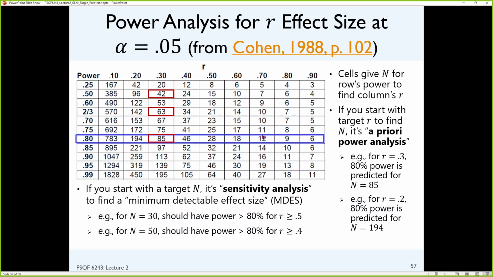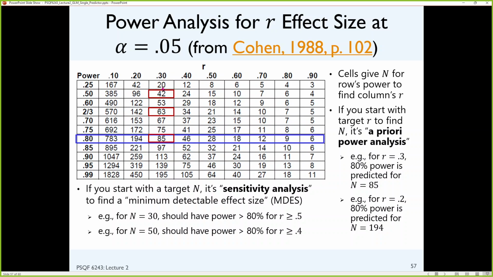So if we go back to the table here for a second, let's go back to the 0.3 column here. If I have a sample of 20 people and I find a significant correlation of 0.3, yay me! I get to publish that correlation. But you know what this means?